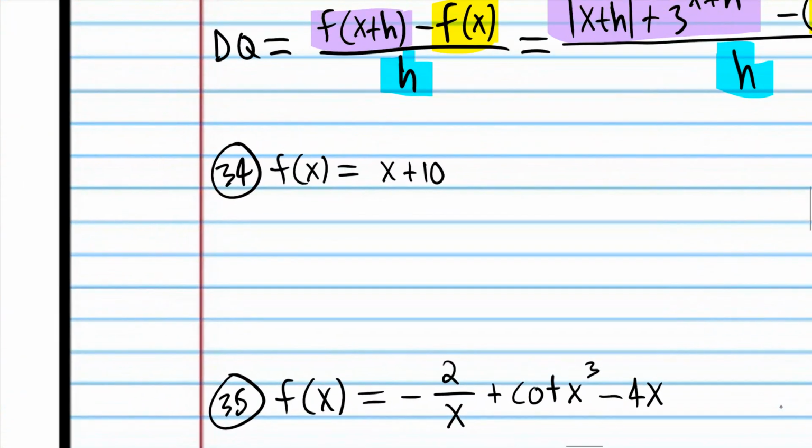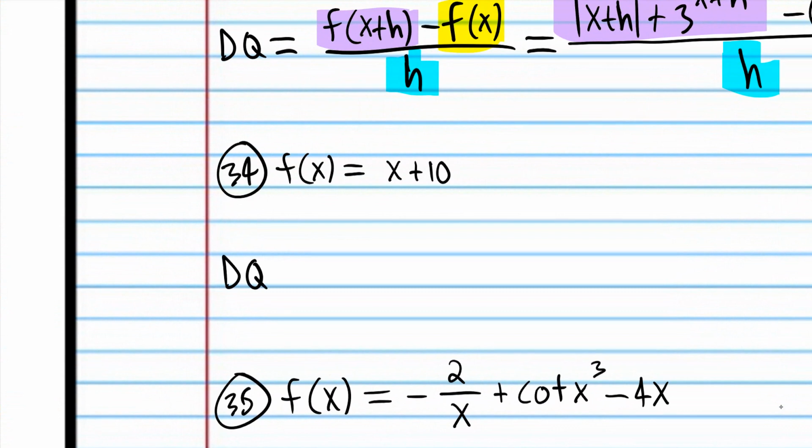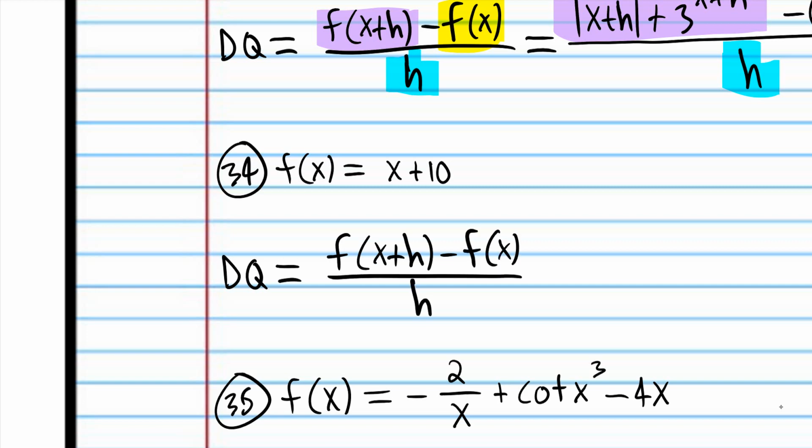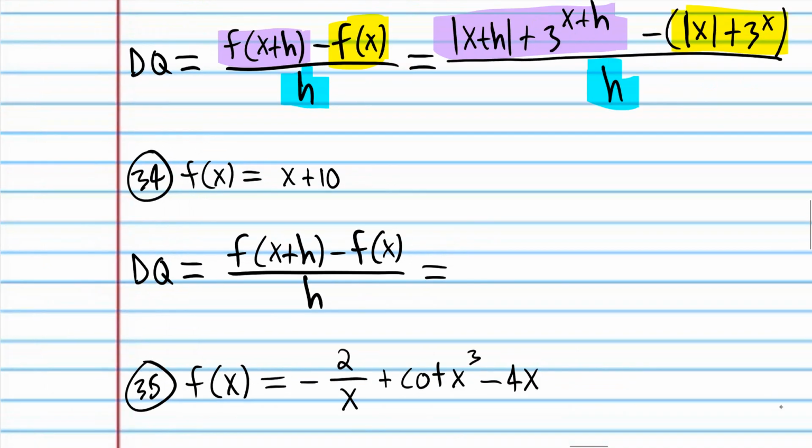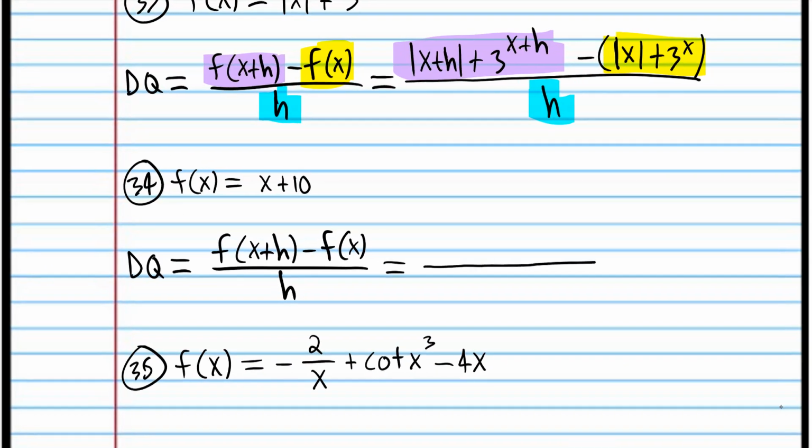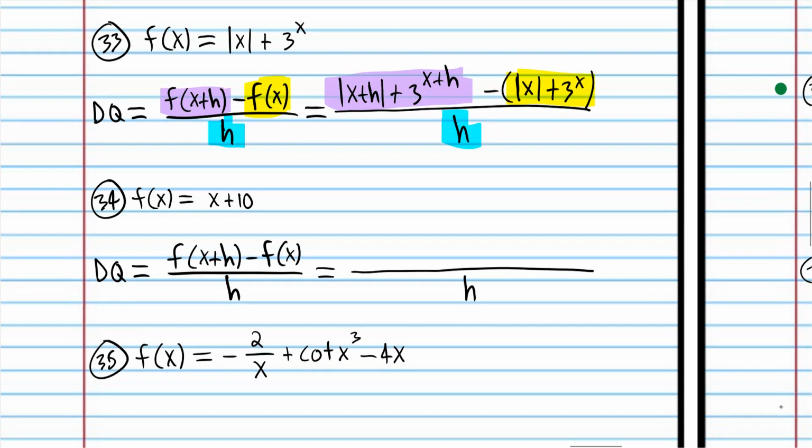So let's try another one of these, the difference quotient. Again, it's the same expression. So h, we just copy that same expression down, and f of x is just x plus 10.